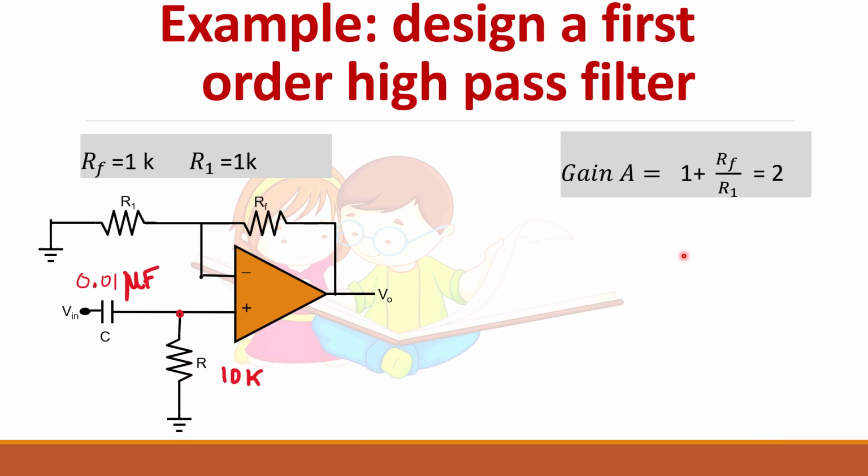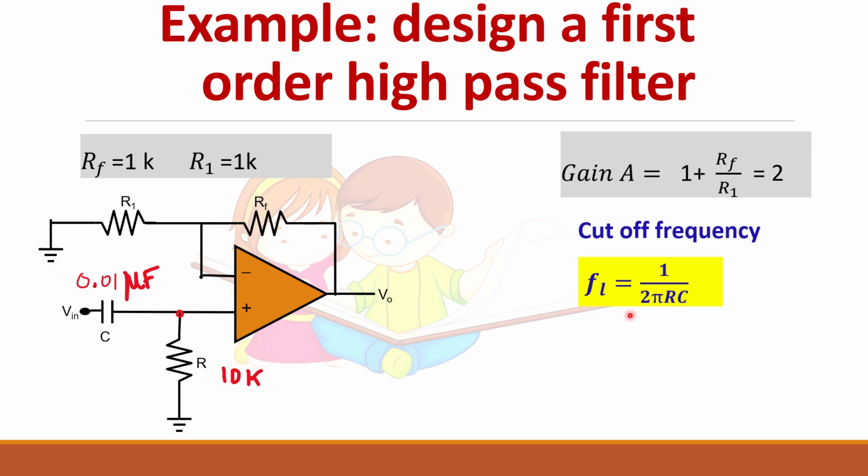Now let us design a first order high pass filter using the LTspice simulator. For that I have taken these resistor values as 1K. So the gain will be 1 plus RF by R1, that is equal to 2. So this is the gain in the pass band. Now the capacitor value and resistor value, I have taken these.